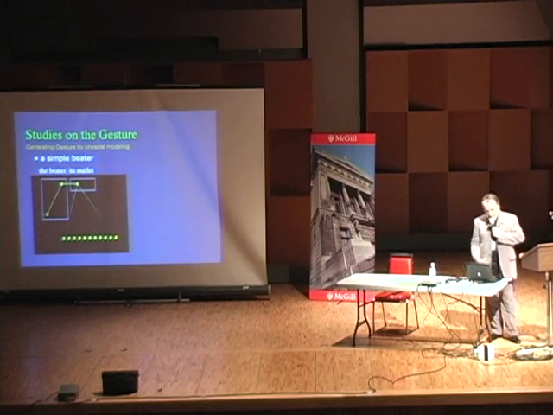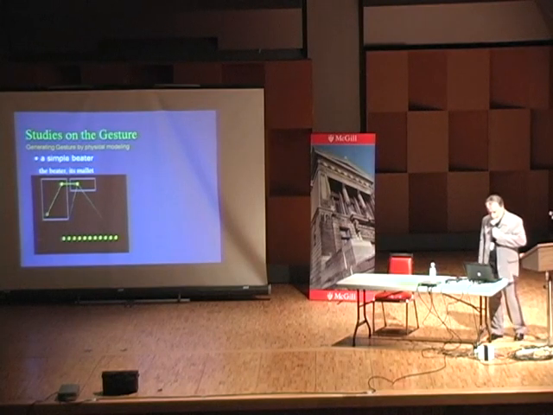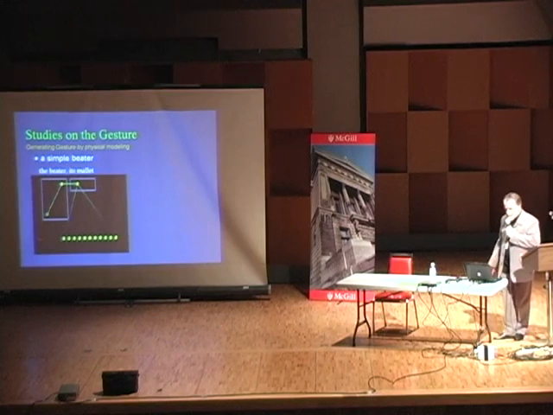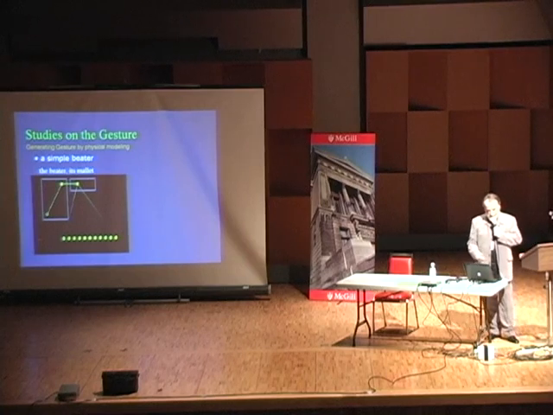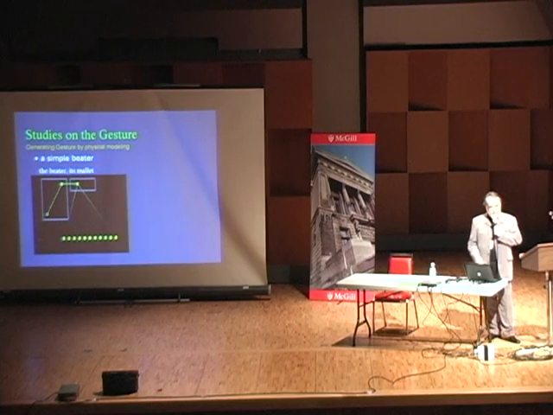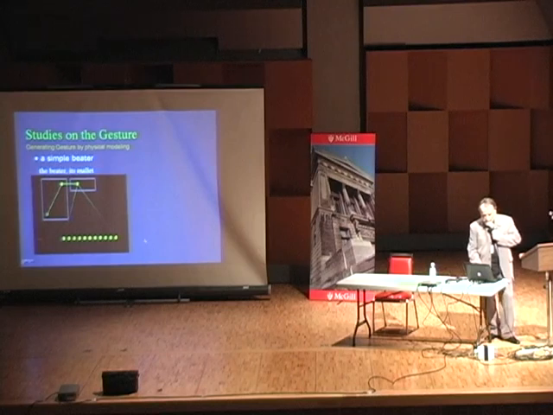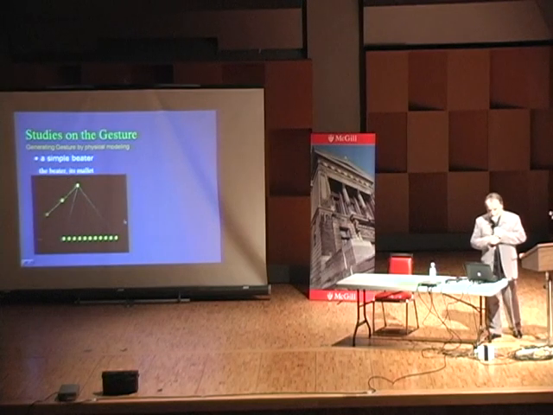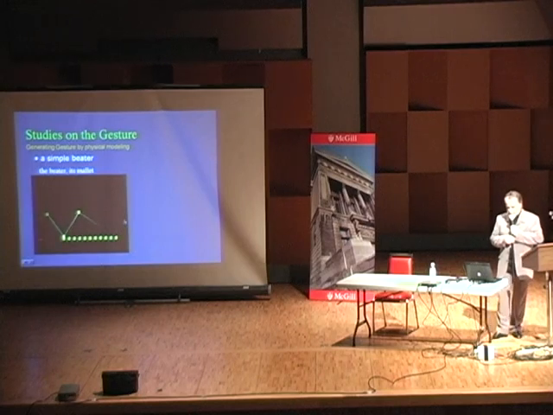This is a recent example made with Genesis, where we have a string and a simple beater with an arm and a mallet, which interacts with the string. This kind of interaction can produce, for this simple model, quite complex phenomena.